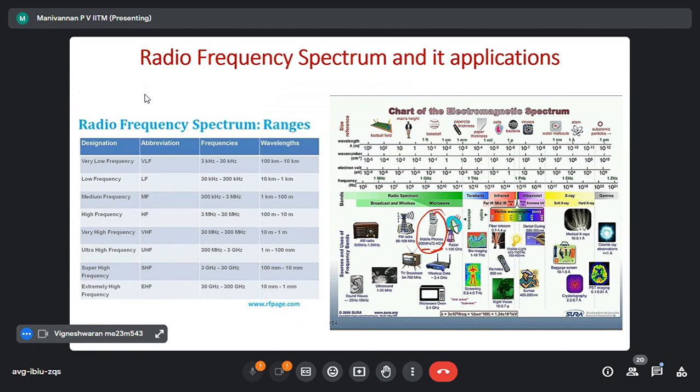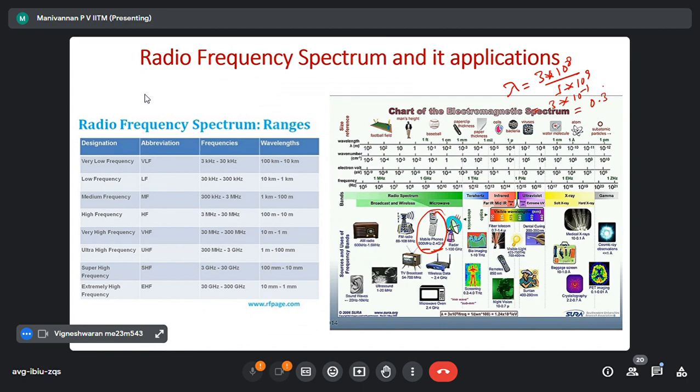So if I say 1 gigahertz, what is the lambda? Lambda equal to 3 into 10 power 8 divided by 1 into 10 power 9. So this will become 3 into 10 power minus 1, which is nothing but 0.3 meter.